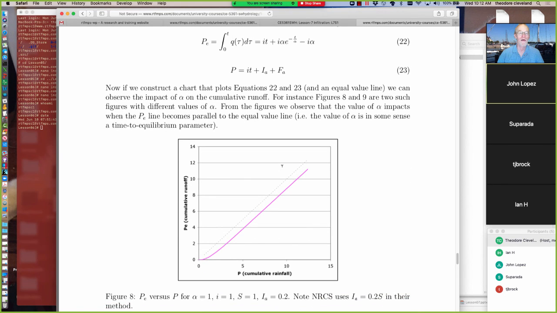And then when we start plotting the PE as a function of time, we get curves that look exactly like they do in the NRCS method.